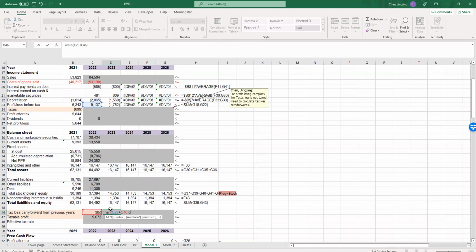So that if this one adding this one is a positive number, then there will be no more tax assets from previous year. So this will be 0.